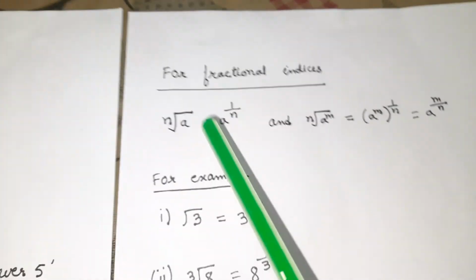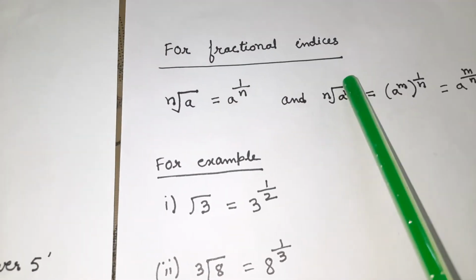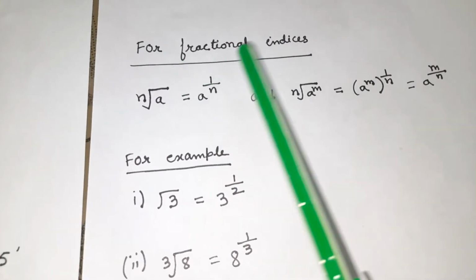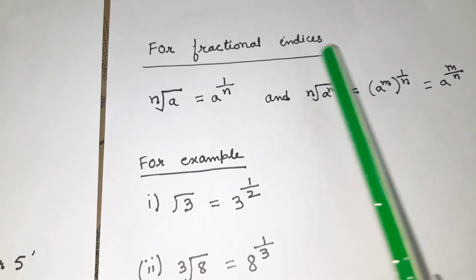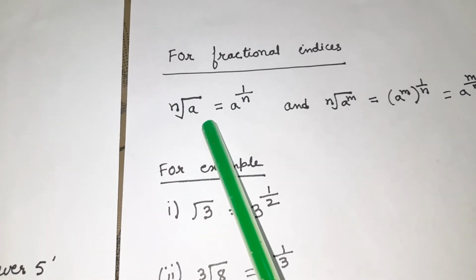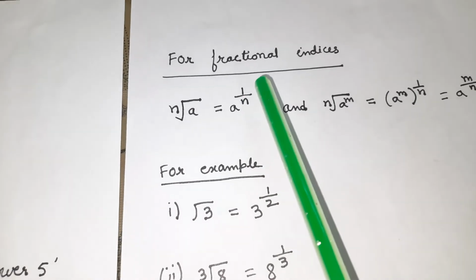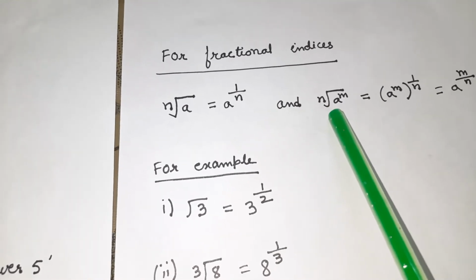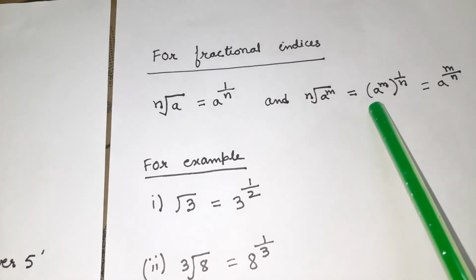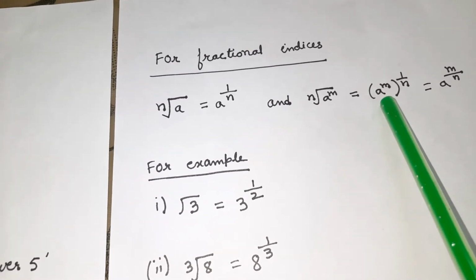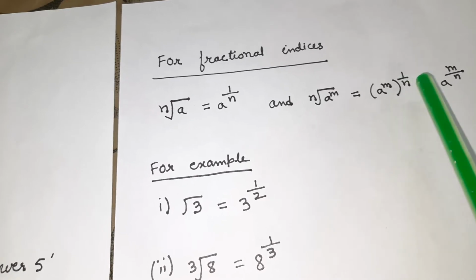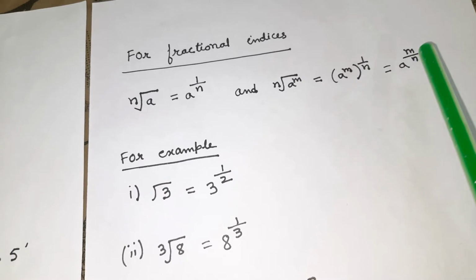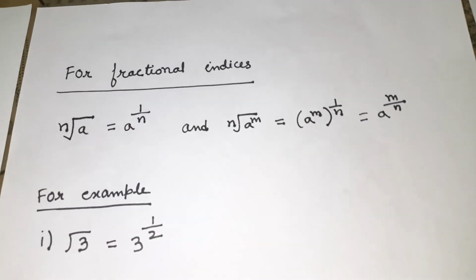Now, for fractional indices, it is very important, so please note it clearly. For fractional indices, n root a means a to the power 1 by n, and n root a to the power m means a raised to the power m, the whole 1 by n, which is equal to a raised to the power m by n. Is it clear?